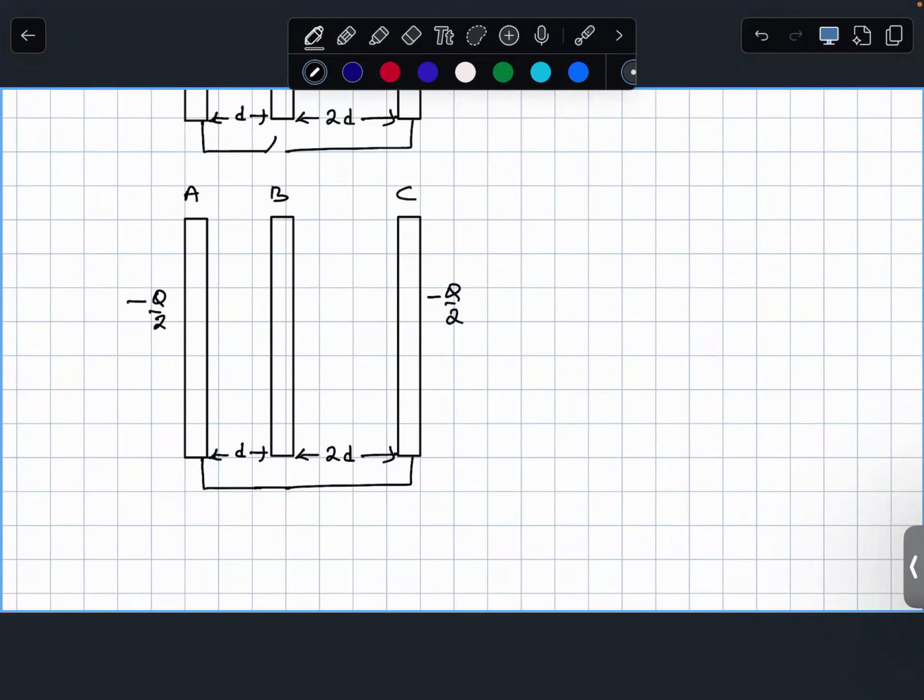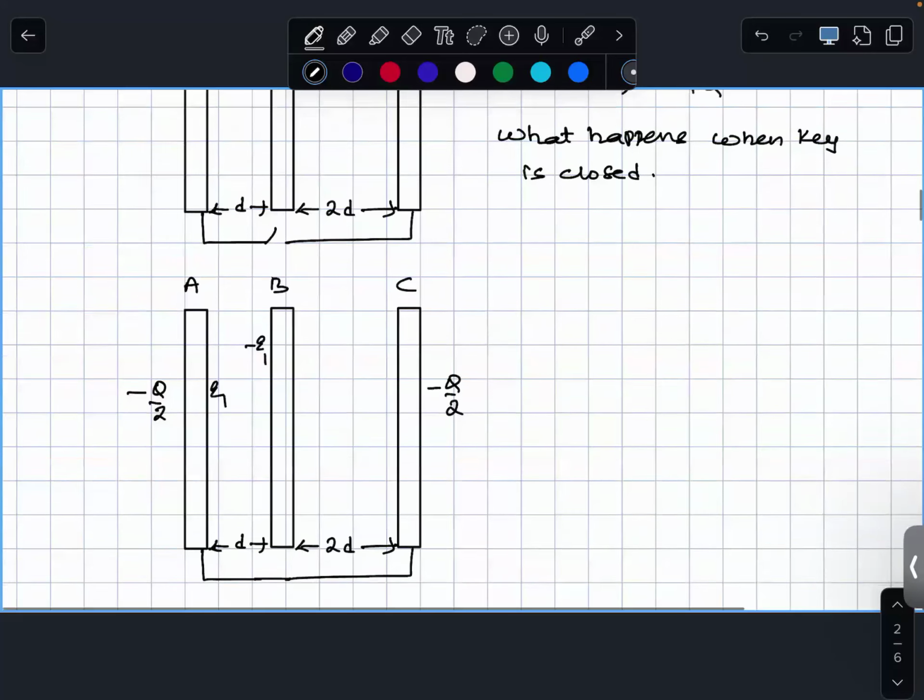Hold on. Don't dare to conserve the charge on plate A. Why? Plate A is no longer isolated. So you will have some Q1 charge over here, and an equivalent minus Q1 charge over here. But you can still conserve charge on plate B because B is still isolated.